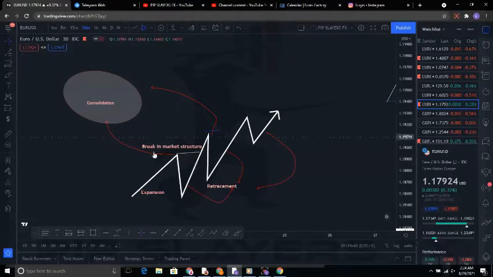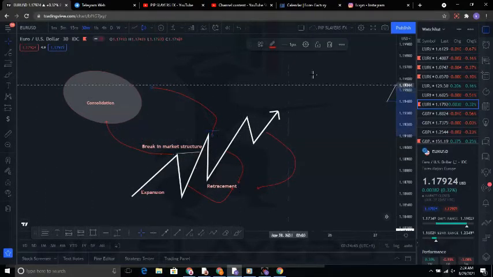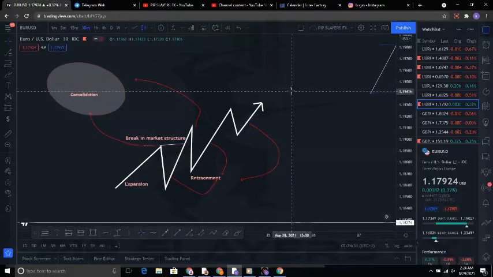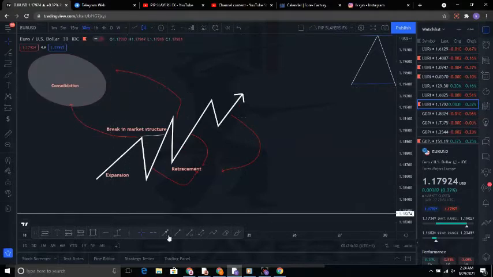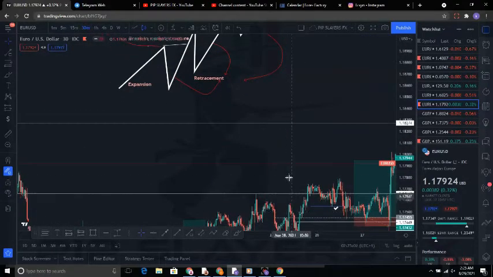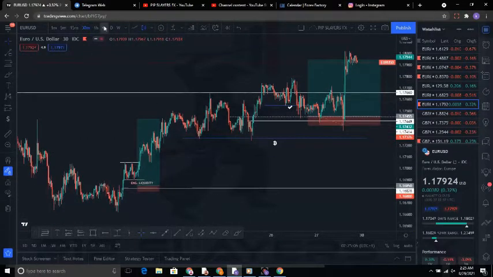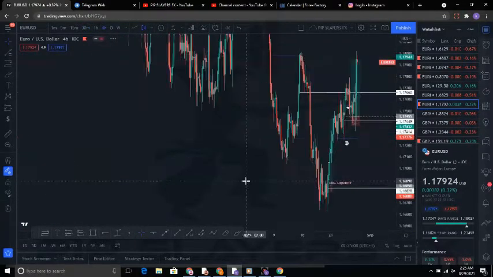So the point is we are in a bullish run. We need buys, we look for buys. Taking this whole schematic into play, we're in a bullish run, looking at EURUSD from a very high time frame.